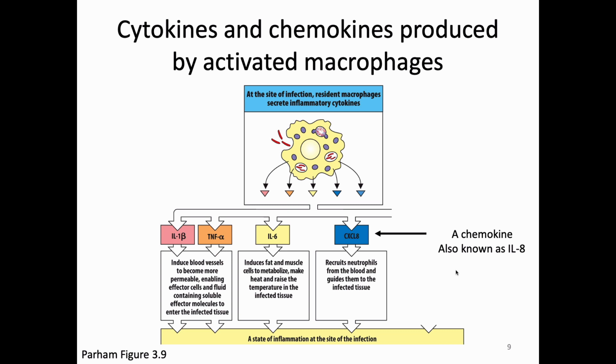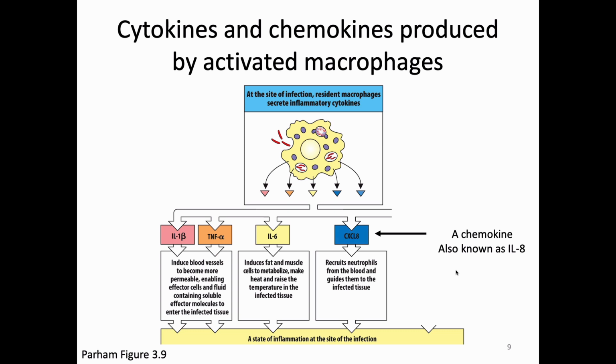We can see some of the effects of them here, and we'll also see them on the next slide. One of the things we're going to see are some changes to the blood vessel, so changes to blood vessels in that area of the body. So changes to the vasculature.